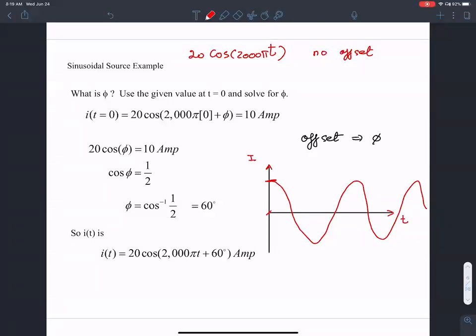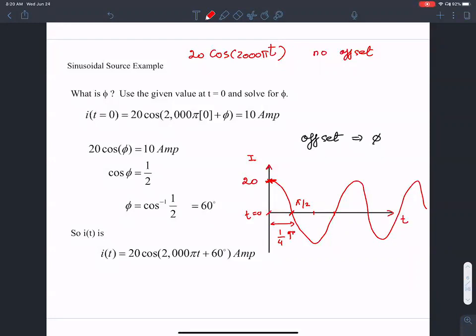At time t equals 0, the value of the cosine wave and the current source is going to be 20. Then at a time that corresponds to a phase of pi by 2, or 1/4 of a time period.